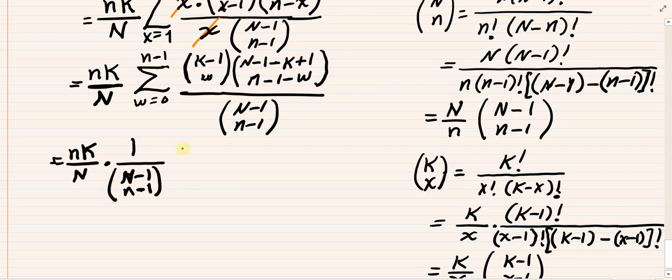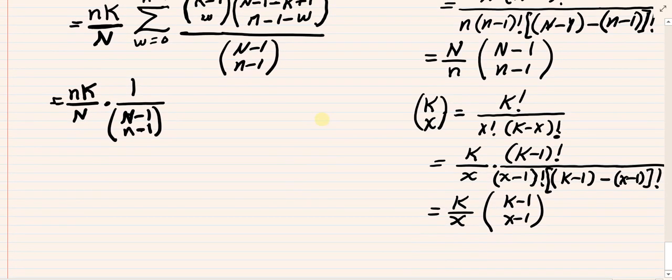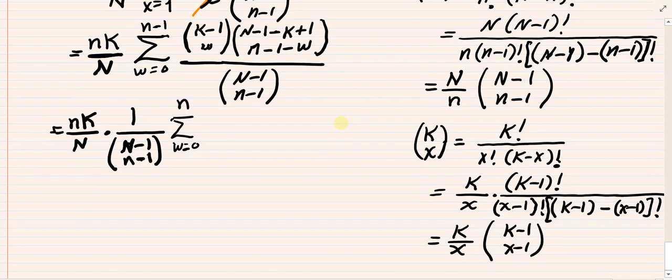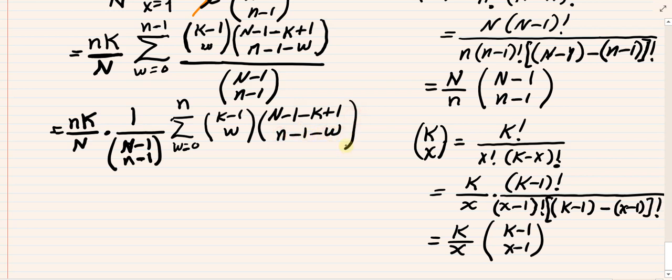We have that times now the sum. Okay, and this is going to be the sum again, w from 0 to n of just the numerator. This time I only have the numerator. N minus 1 minus k plus 1, n minus 1 minus w.